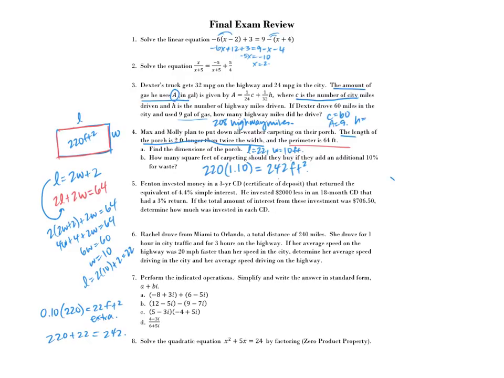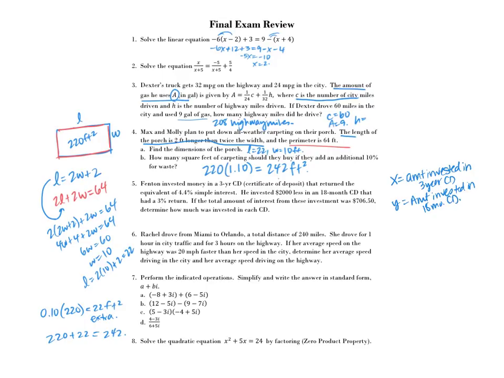So let's let X be the amount invested in the 3-year CD, and let's let Y be the amount invested in the 18-month CD.